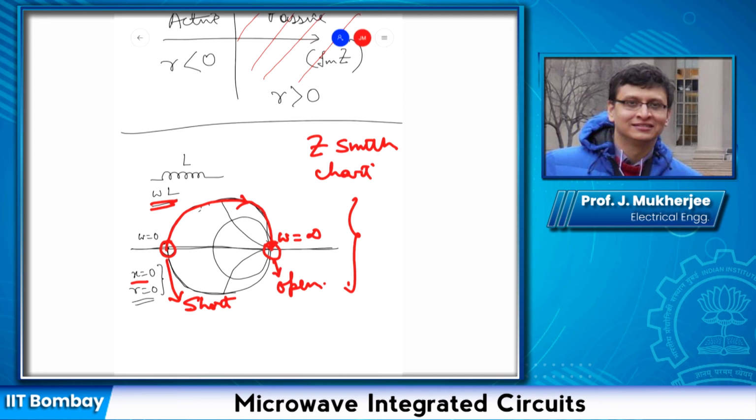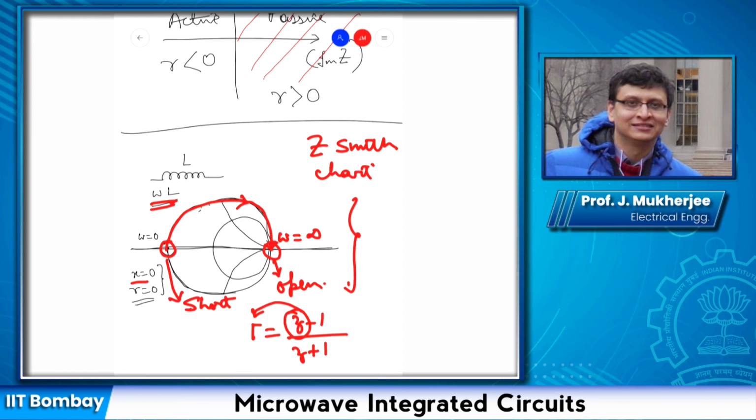Why? Because we use this relationship, right? So here our parameter, which is translated to the gamma plane, is impedance or the normalized impedance, this one. But as we shall see, Y Smith charts are also possible.